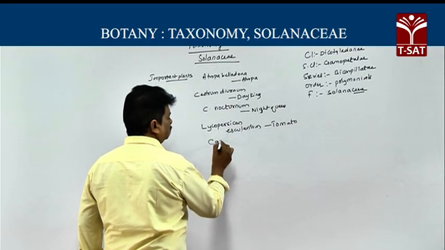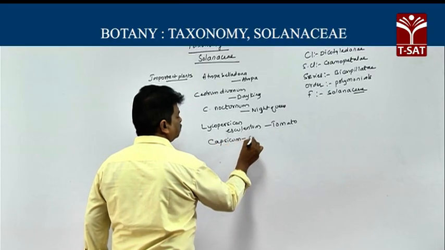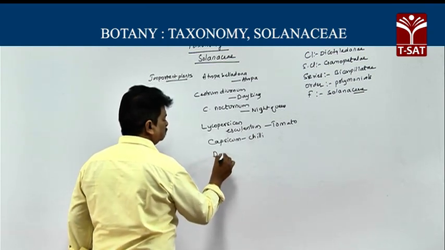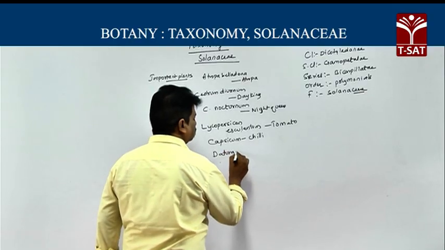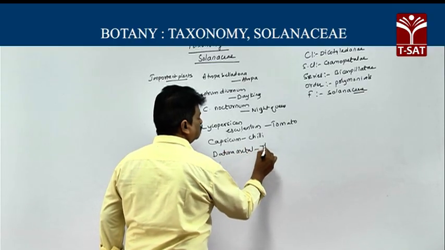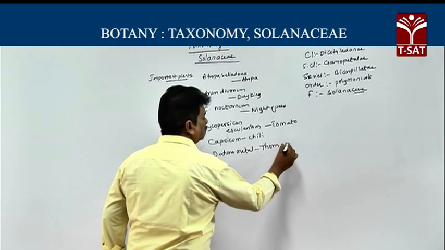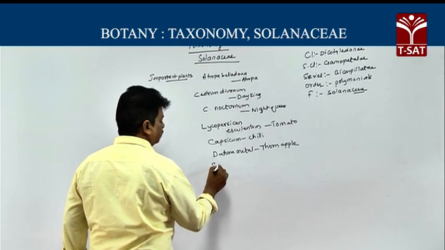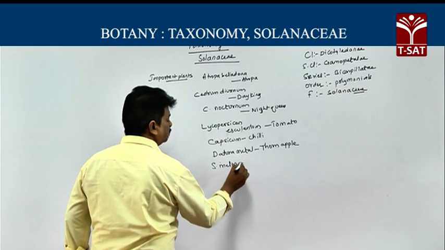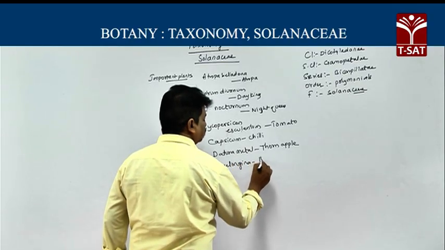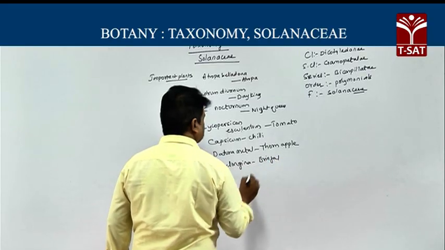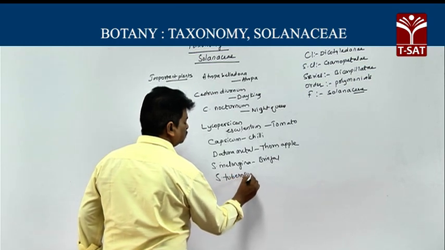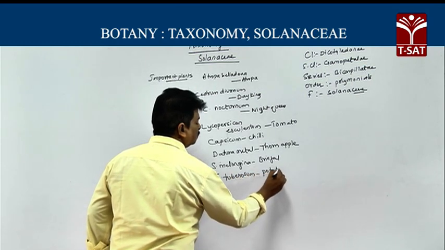Then next one, Capsicum frutescens, chili. Next one, Datura metel, thorn apple. Next one, Solanum melongena, brinjal. Then next one, Solanum tuberosum, potato.